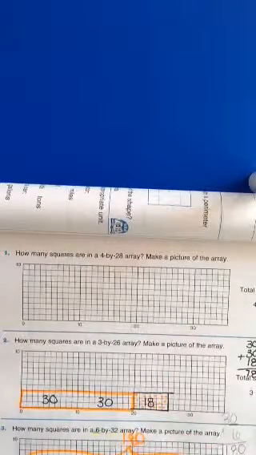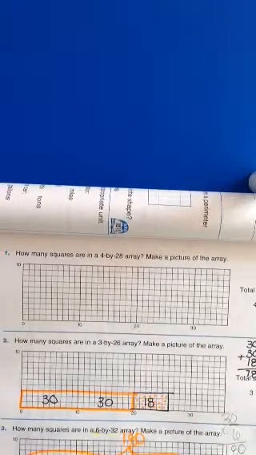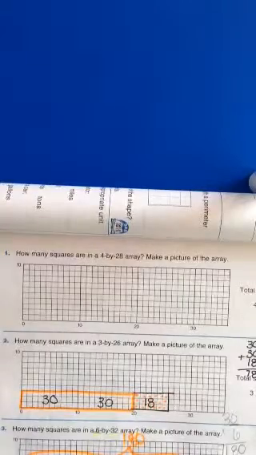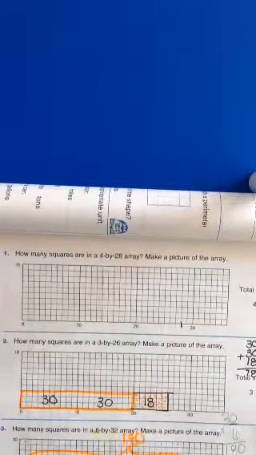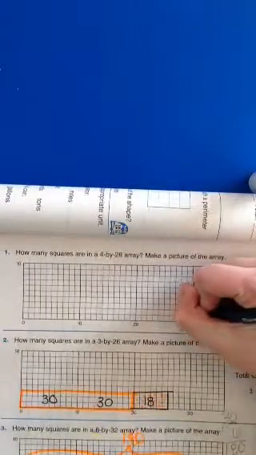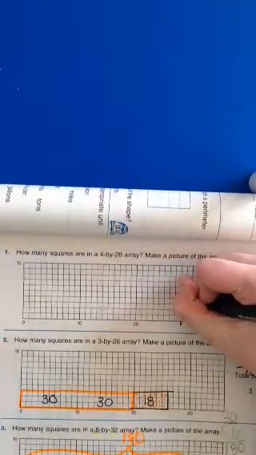How I taught the students to do this today was we explored first by using base 10 cubes to build different arrays to show that knowing your root facts and knowing your multiplication of 10 can truly help you to solve array multiplication. So I'm going to simply draw a line here where 28 would be, and it's a 4 by 28 array, so I'm going to count up 4, 1, 2, 3, and 4.